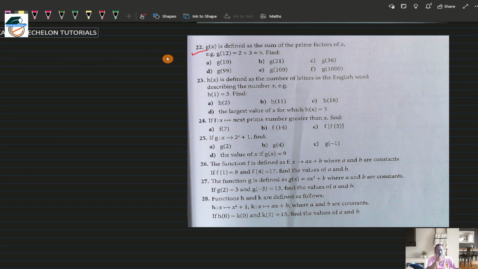Question number 22 says that g of x is defined as the sum of the prime factors of x. For example, g of 12 is equal to 2 plus 3, that is equal to 5.